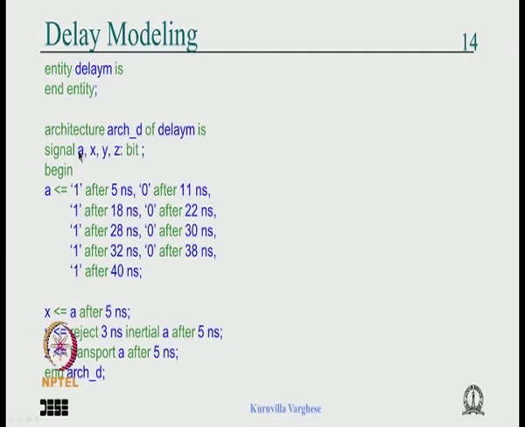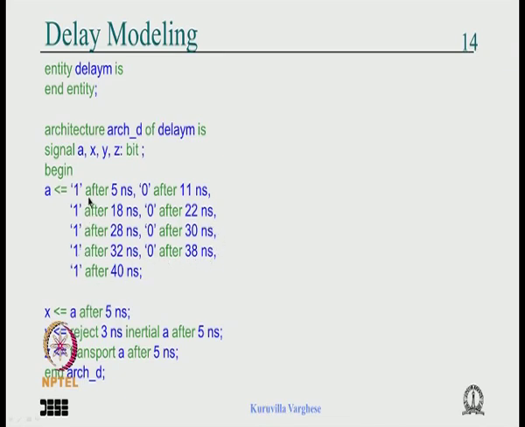So we have an A signal to which we assign some values and make a waveform, and to X, Y, Z we apply this syntax of inertial delay and the transport delay. So here you look, A gets 1 after 5 nanosecond, 0 after 11 nanosecond, 1 after 18 nanosecond and 0 after 22 nanosecond and so on.